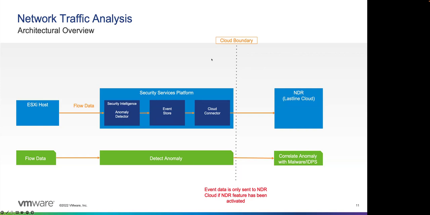Just to be really clear, the slide is slightly outdated. As of NSX 4.2.1, using SSP or even the older versions of NAPP for 4.2, the cloud boundary no longer exists.